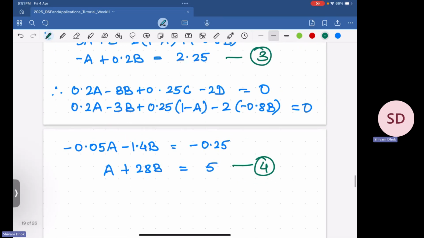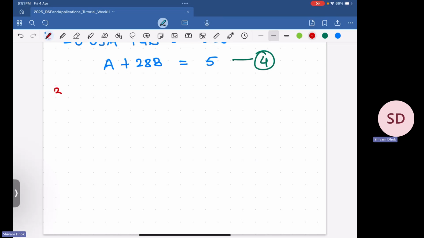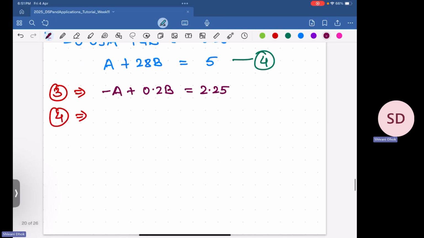So let me collect equation 3 and equation 4 in one place. Equation 3 implies minus a plus 0.2b is equal to 2.25, and equation 4 implies a plus 28b is equal to 5.